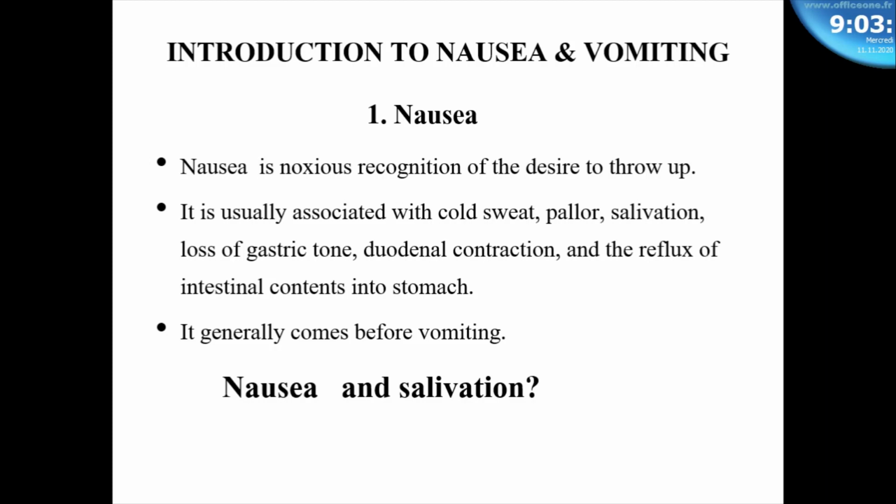Friends, it's very crucial to know the physiological relationship between nausea and salivation.